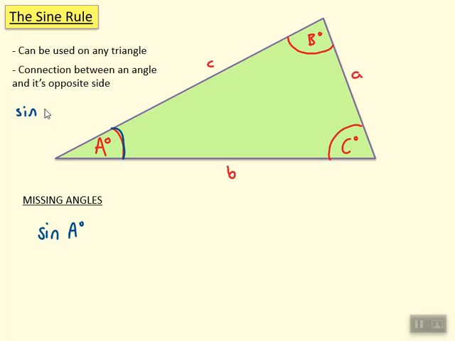If I take sine of whatever that angle is, let's just pretend it's 30 degrees or 36 degrees, and divide whatever that number comes to by however big its opposite side is, a, the sine rule says this: if I do that calculation, sine of that angle divided by its opposite side, then it's equal to sine of another angle, let's say B, divided by its opposite side.